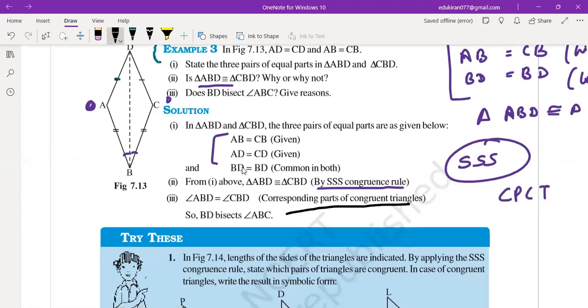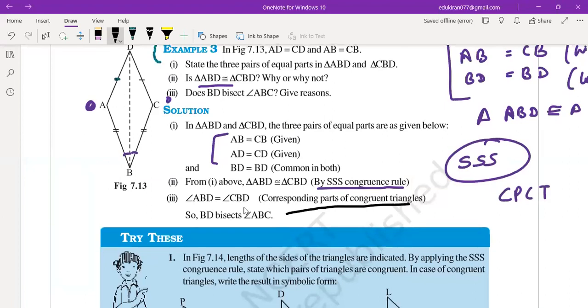Once you prove any two triangles congruent, if they ask whether this is equal to that, you will say yes. Everything will be equal and the reason you give is corresponding parts of congruent triangles. Clear?